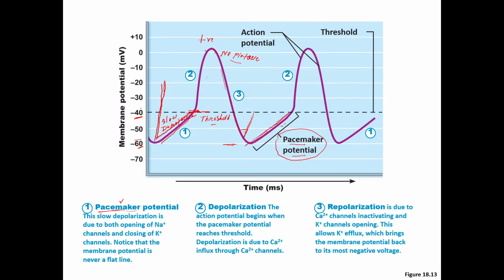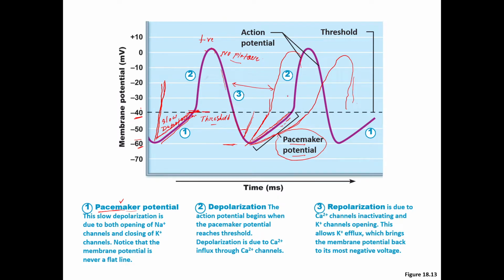Now if I can make this interval short like this, then another beat will start early. Make sense? And if I can make this pacemaker potential slow, like it goes like this, then another beat will be delayed. So you can make the interval short by making the pacemaker potential faster, and you can delay the interval by making the pacemaker potential longer or slower.